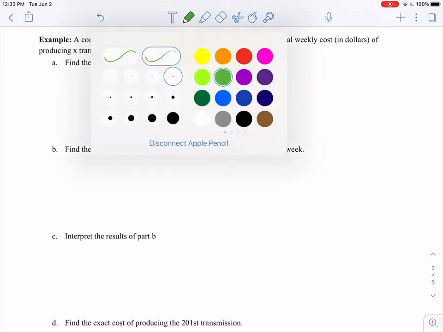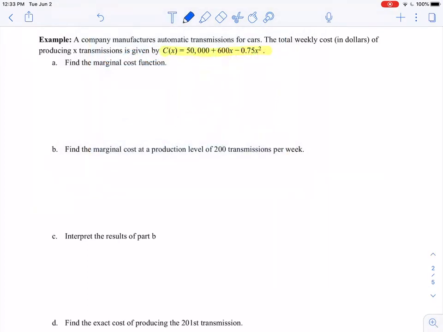We're going to start off this problem by finding the marginal cost function. And whenever we see that word marginal from now on, that's another one of those words I kind of want you to tie together with the word derivative. Because when we say marginal cost, really that just means the derivative of the cost function. So I just need to find for this problem C prime of X.